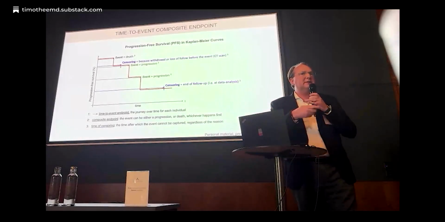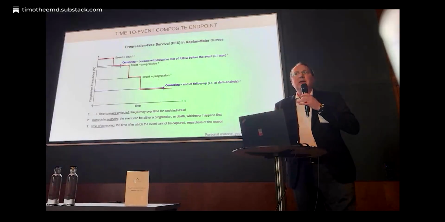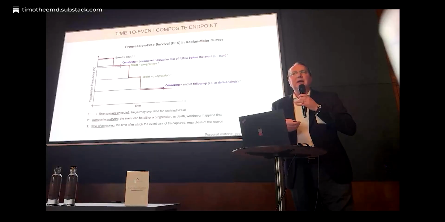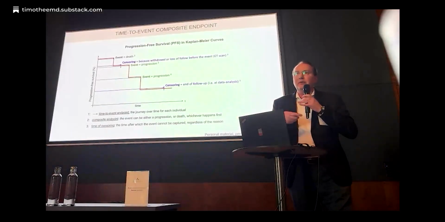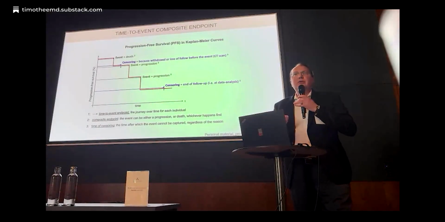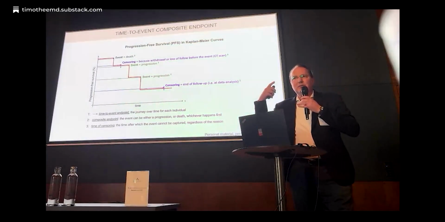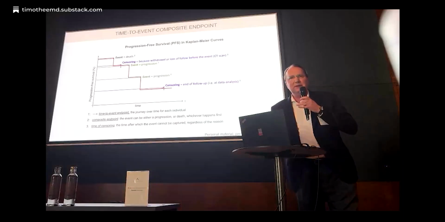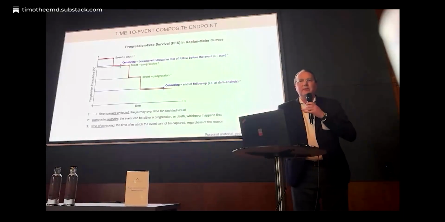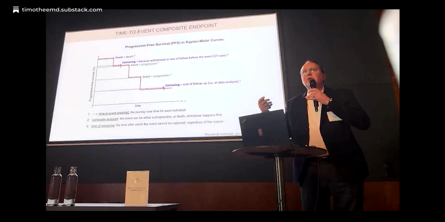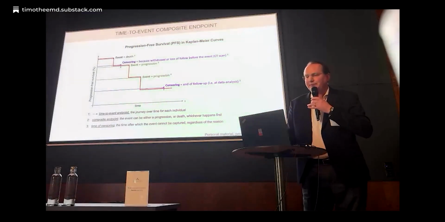For instance, your patient is still on trial when the trial ends, and so you have to censor the patient at the last follow-up. But you can also be censored for other reasons, like you did not come for your CT scan, or you changed therapy before assessing for progression, and think about it. This can explain what we call informative censoring, because why would you not come for your CT scan?